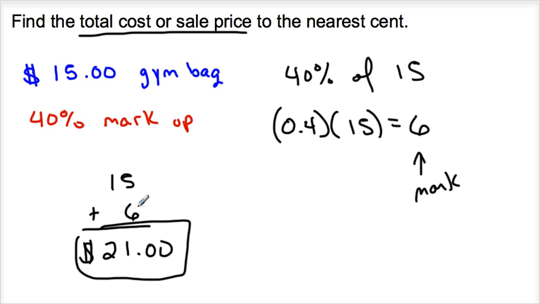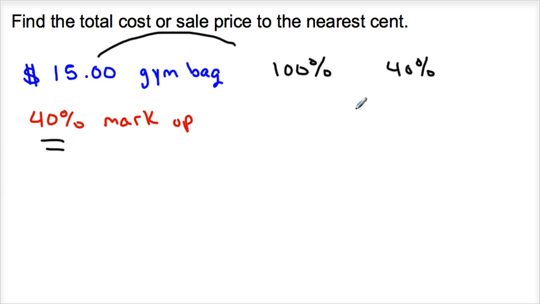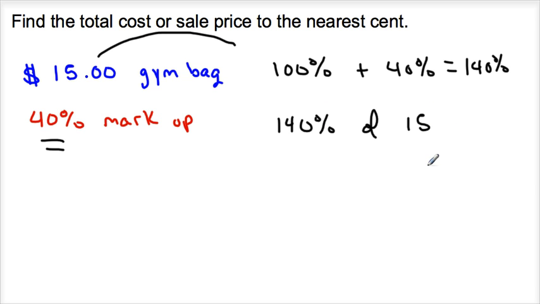Okay, if you do not need the markup price and you just want the sale price, you could take another shortcut. Well, I bought these for 100%. I'm going to sell them for 100% of their value and an additional 40% so I can make some money, or some commission, or some profits. So what I really want to know is what is 140% of $15?